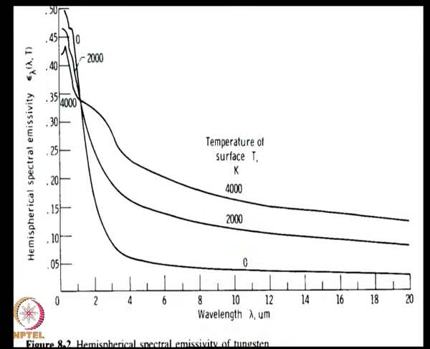Then the error in emissivity itself can be 30%. If the surface property is not known accurately, then if it itself has an error of 30%, then you may not mind a 30% error due to gray surface approximation.